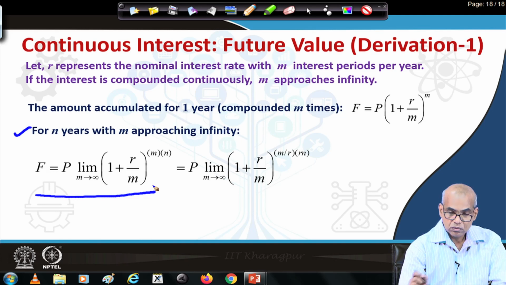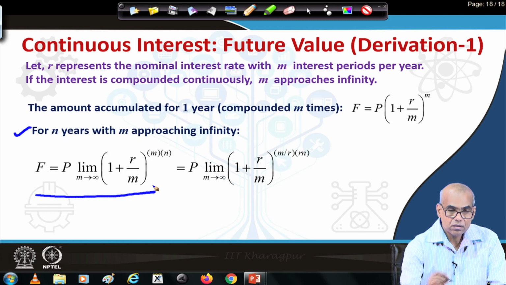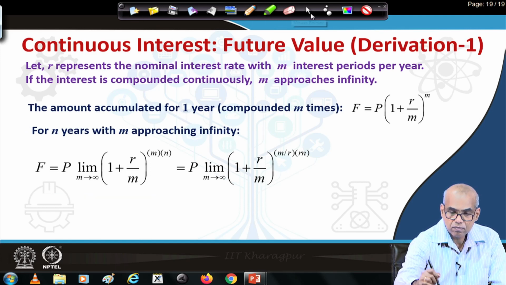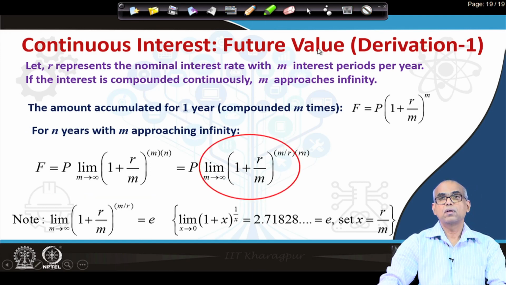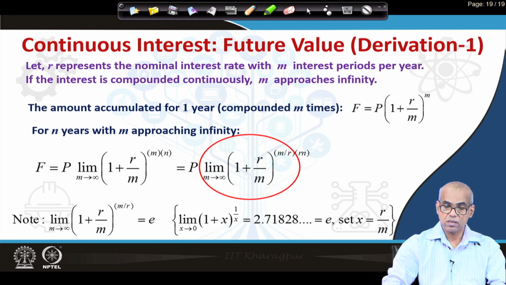Now, if you look at this quantity which is circled, limit m tends to infinity of 1 plus r by m to the power m by r, this is Euler's number e, which is approximately 2.718.